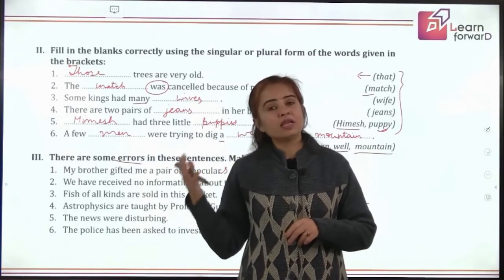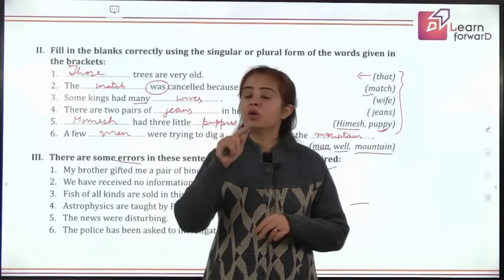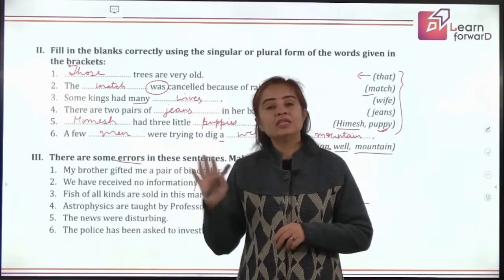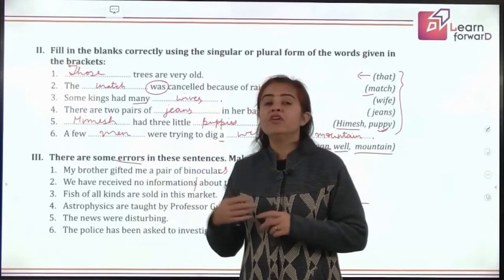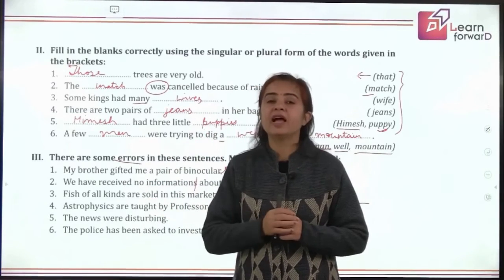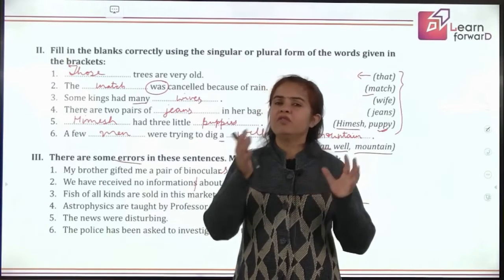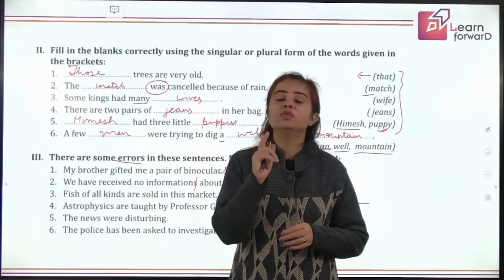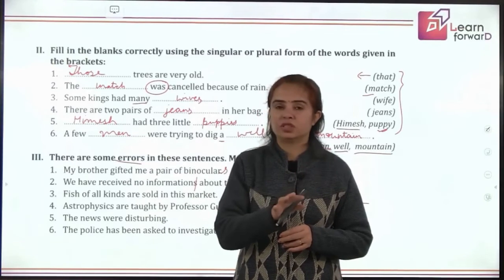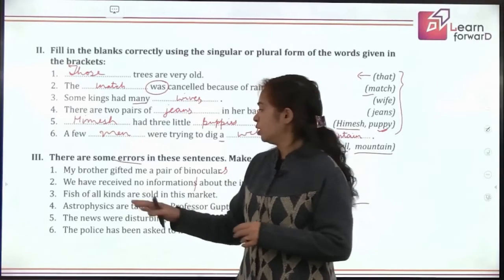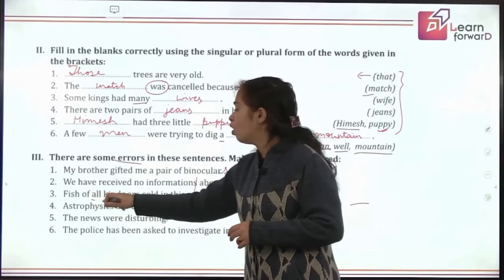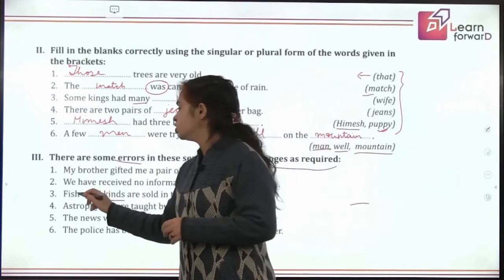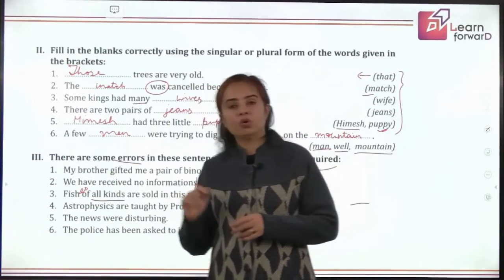You can say mangoes, but when you say about fruit, because all the mangoes are one fruit only, you will not say fruits, you will say fruit. Same happens with fish also. If you have fish of different types, then you say fishes. But even if you have thousands of fish of the same type, same species, then you will say fish, not fishes. I hope this is clear to you. So here what they are saying, fish of all kinds. That means they are of different types. So it will not be fish, it will be fishes. Okay.